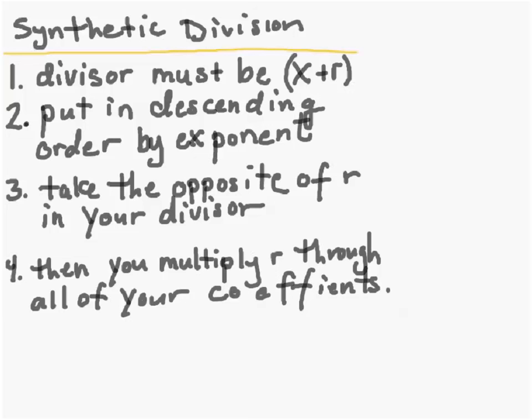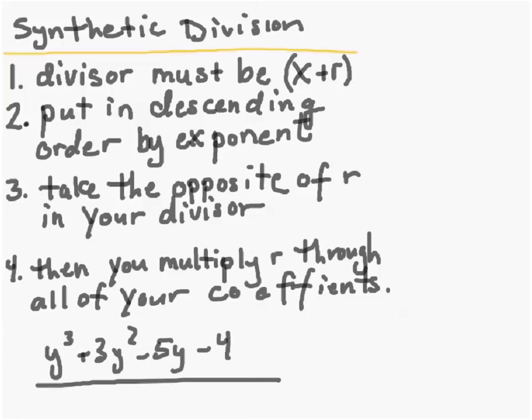So let's go through an actual, honest-to-God example. Let's do y to the 3rd plus 3y to the 2nd minus 5y minus 4, all divided by y plus 4.